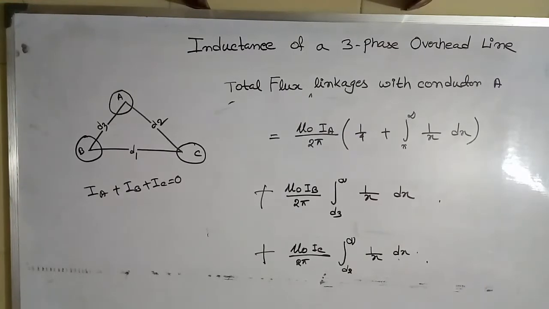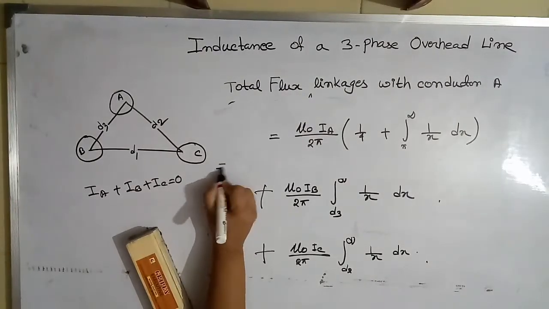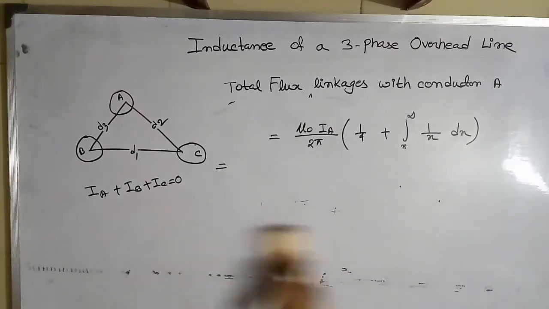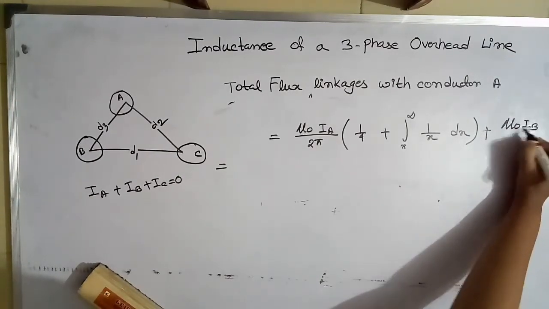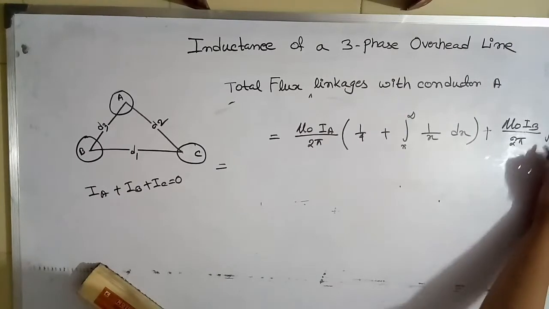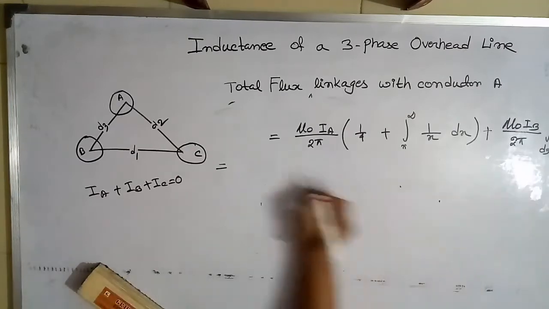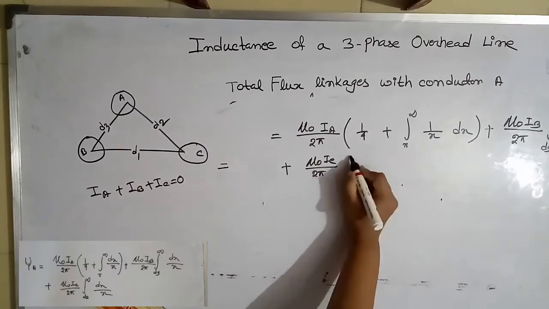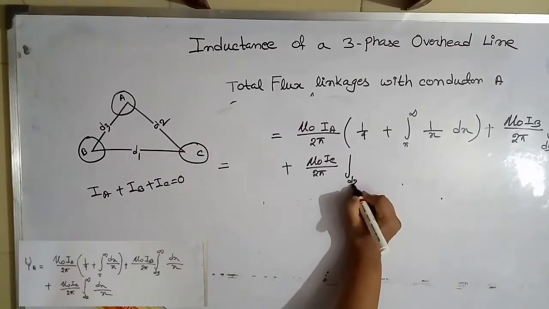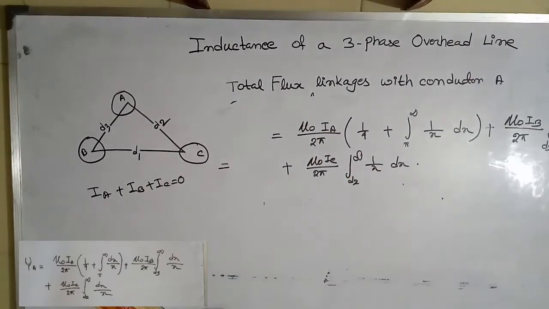Now we solve the equation. mu 0 IB by 2 pi integration D3 to infinity 1 by x dx plus mu 0 IC by 2 pi integration D2 to infinity 1 by x dx.